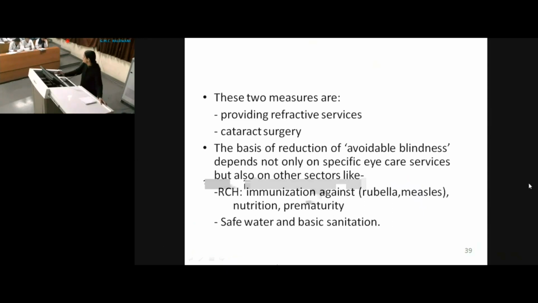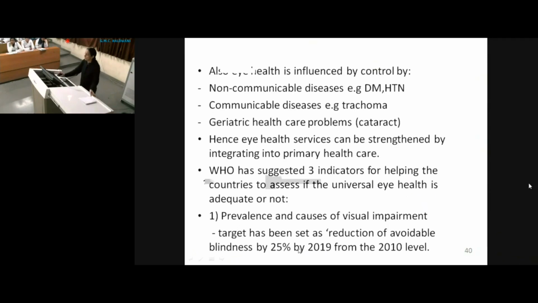Again, malnutrition is also an important factor. Also prematurity, safe water and basic sanitation for improvement of personal hygiene. Also, eye health is influenced by control of non-communicable diseases like diabetes, hypertension, communicable diseases like trachoma, and geriatric healthcare problems like cataract. Hence, eye health services can be strengthened by integrating into primary healthcare.